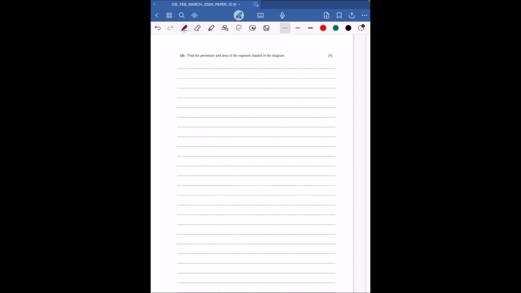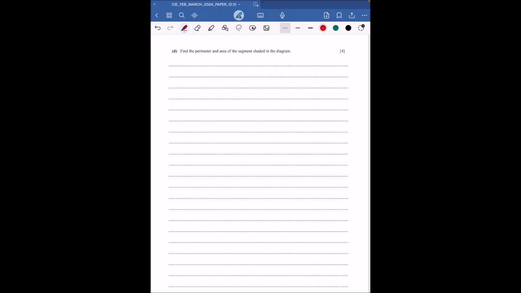For the D part, find the perimeter and area of the segment shaded in the diagram. So if I remember correctly, the question was like this. So we have something like this. So we already know here is 4. So we don't need the arc length.